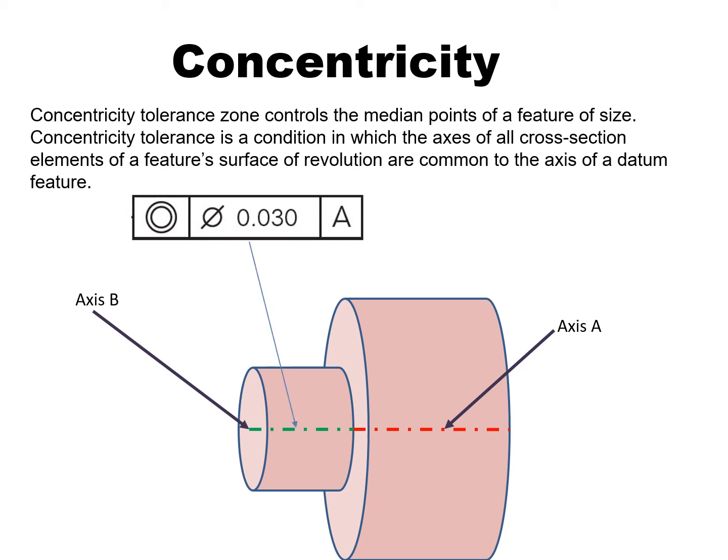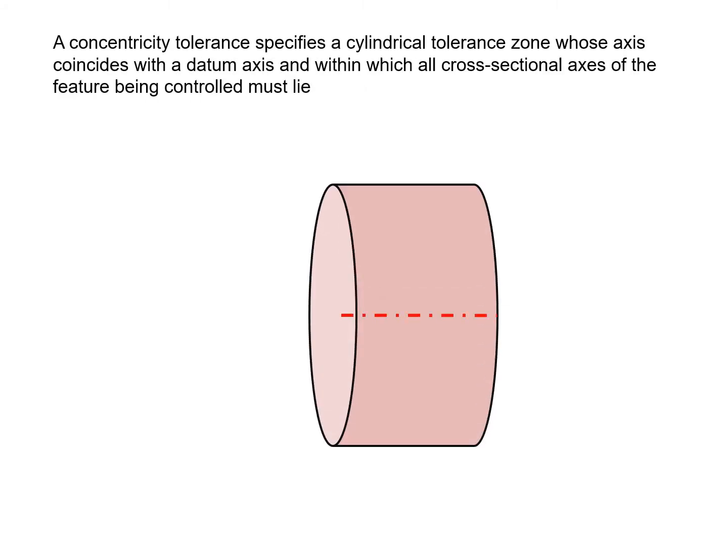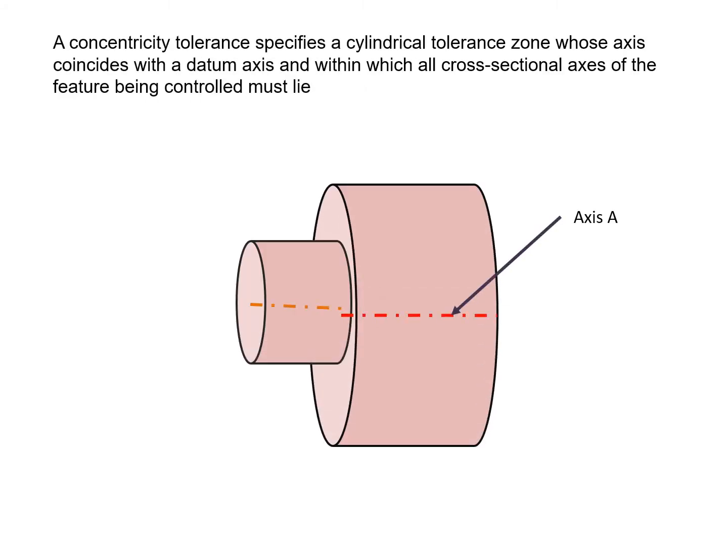So this means that if I am considering a circle having a diameter of 0.02 by considering axis A as a center, this is our tolerance zone. So axis B can vary anywhere within this tolerance zone or within this circle.